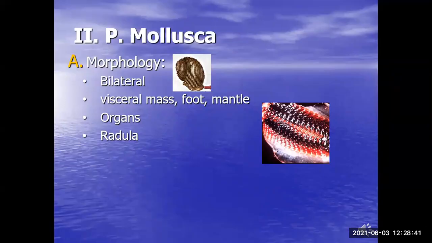So even something as small as a snail, it's pretty well developed. It has a lot of the organs and structures that we're going to see in higher organisms. So the circulatory and excretory system. So those are some basic morphological comments that I have on mollusca.